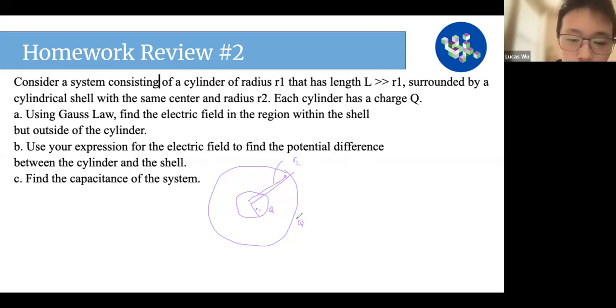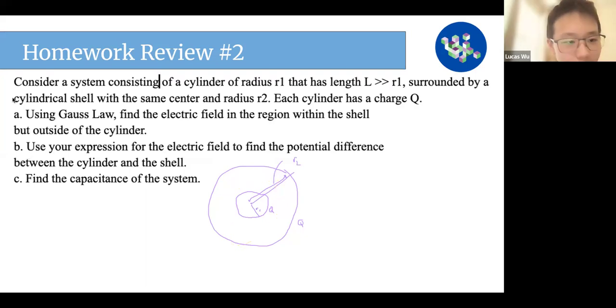So using Gauss's law, find the electric field in the region within the shell but outside the cylinder. So we want to find the electric field in this region over here. How are we going to do that?